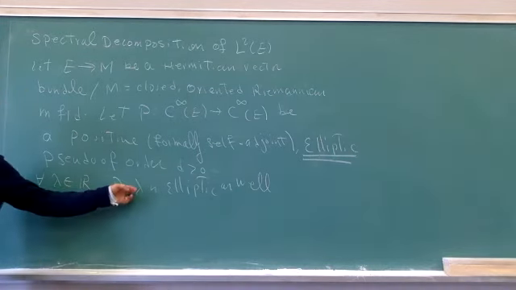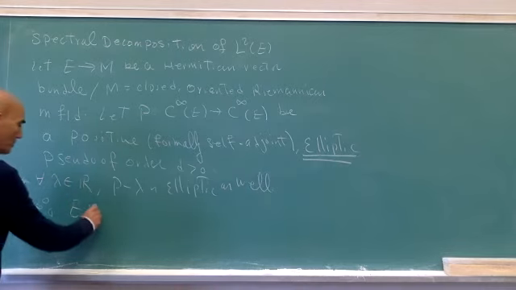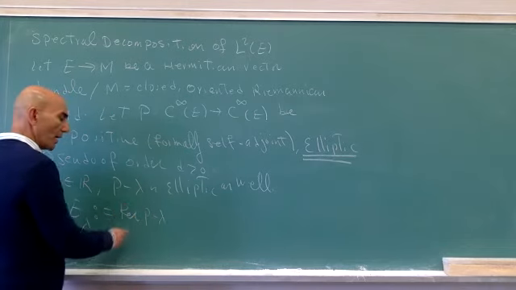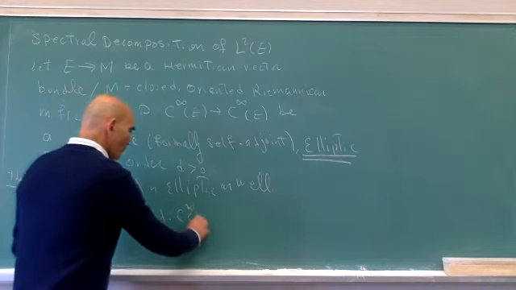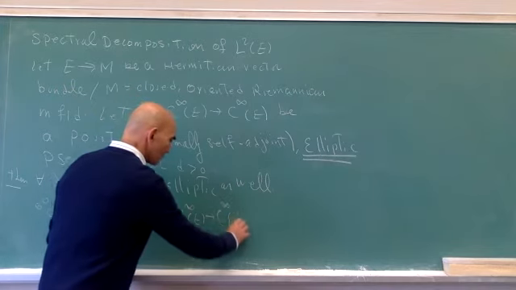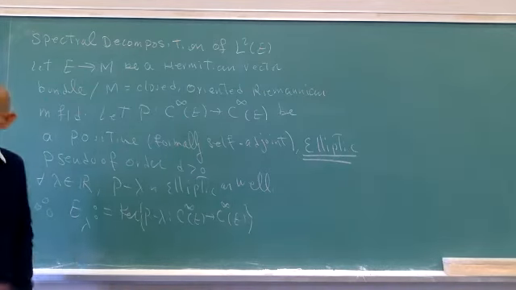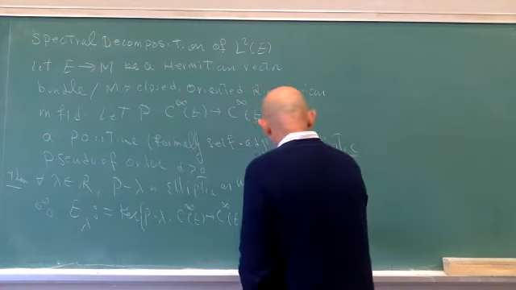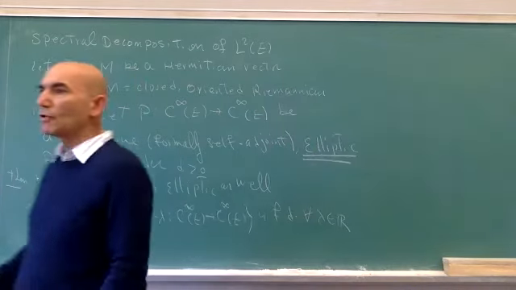So by the finiteness result, I know that the kernel of this is finite dimensional. So E lambda, which by definition is equal to the kernel of P minus lambda. Now I look at P minus lambda going from C infinity of E to C infinity of E. This is finite dimensional for any lambda in R. So this E lambda is the eigenspace.